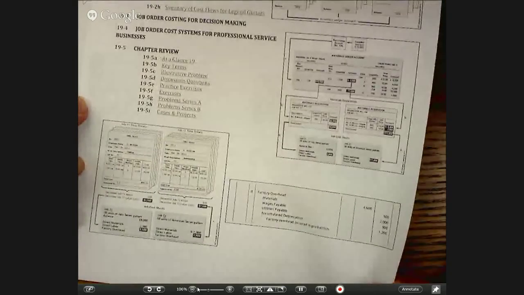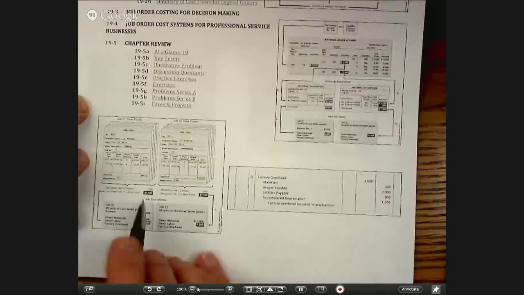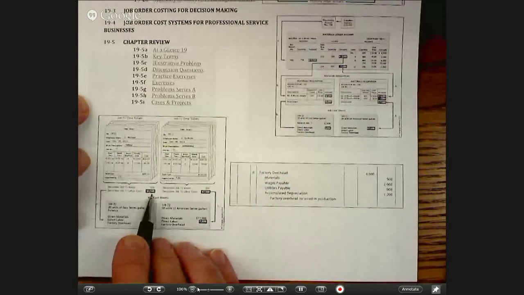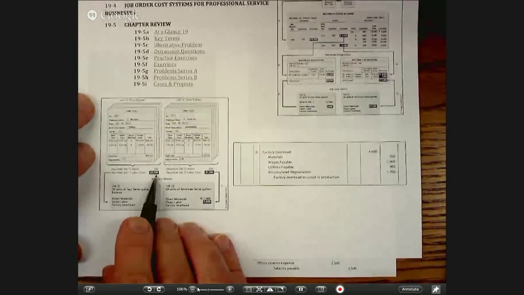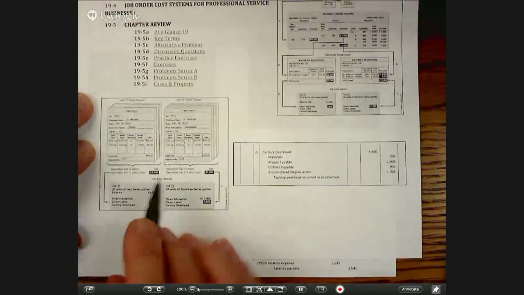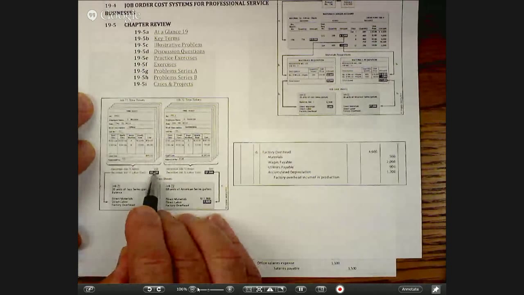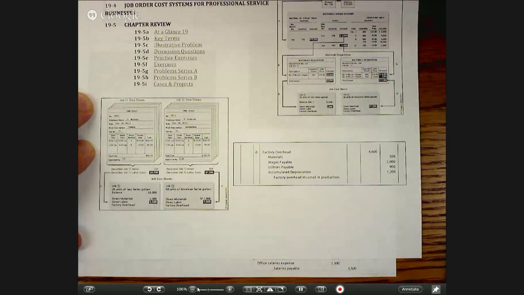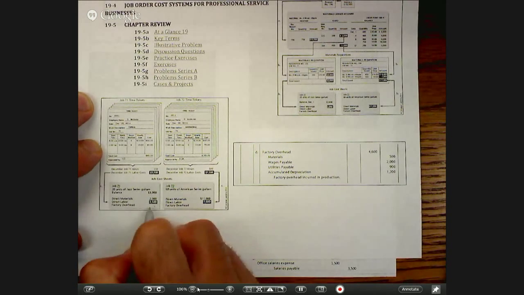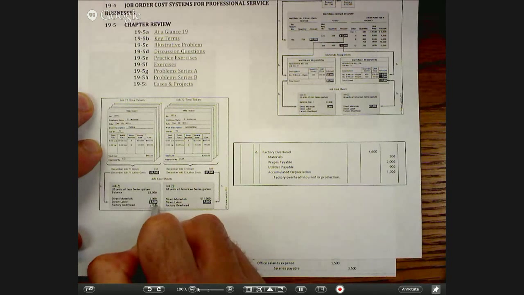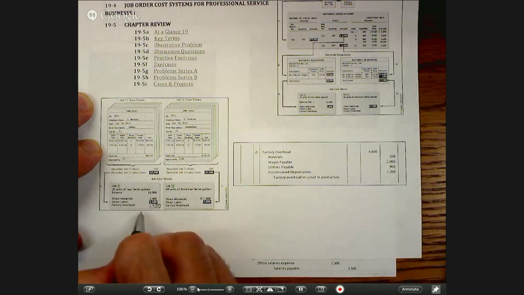So let's see if we can calculate the amount of overhead that would go specifically to job number 71. So job number 71 had 350 hours attached to it. So 350 times our predetermined rate of $5 an hour would give us $1,750 for the factory overhead.